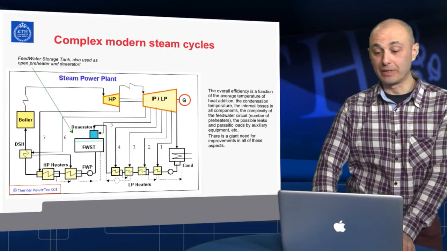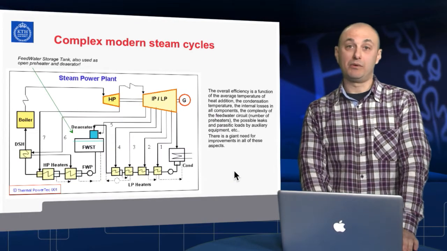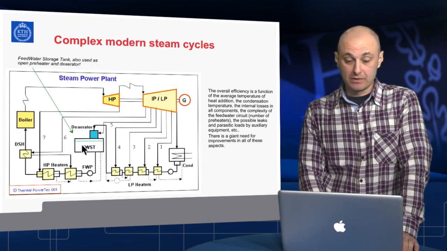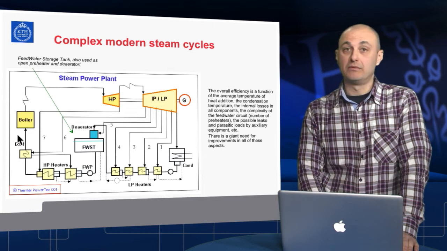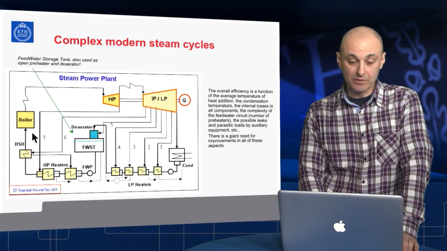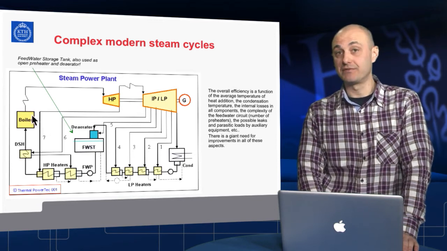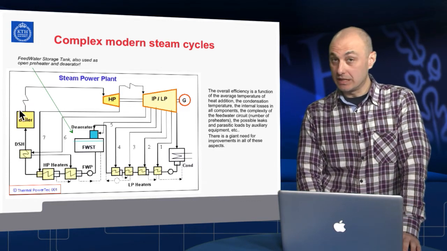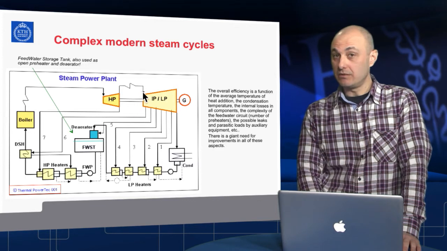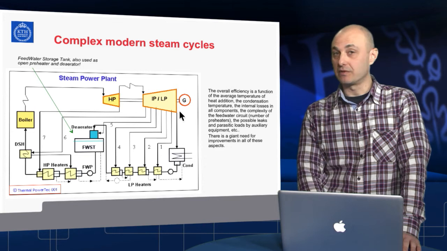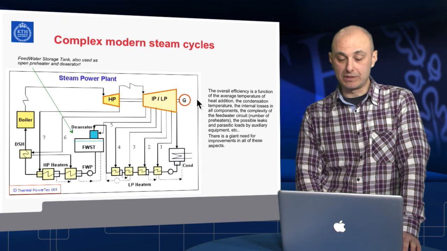So if we look at the complex modern steam cycles which our power plants are using today, they would involve everything that we talked about. The boiler itself, now we can disregard how exactly it looks like, but definitely there would be some fuel involved or other kind of heat energy transfer from something to the working fluid. Superheat, reheat in one or two steps most often. Then the steam turbine ending up in several sections, producing or not electricity or driving some other machinery.